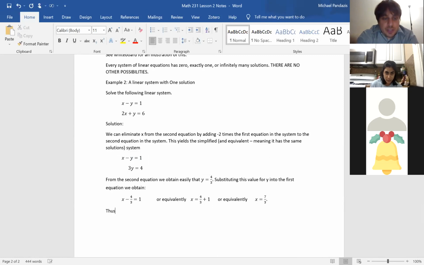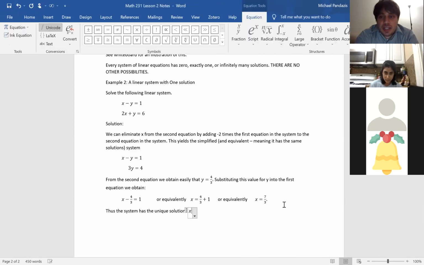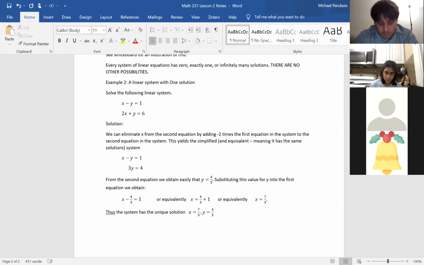So thus, the system has the unique solution x equals 7/3, y is equal to 4/3. Okay. How do we know that this is also the solution of the original system?